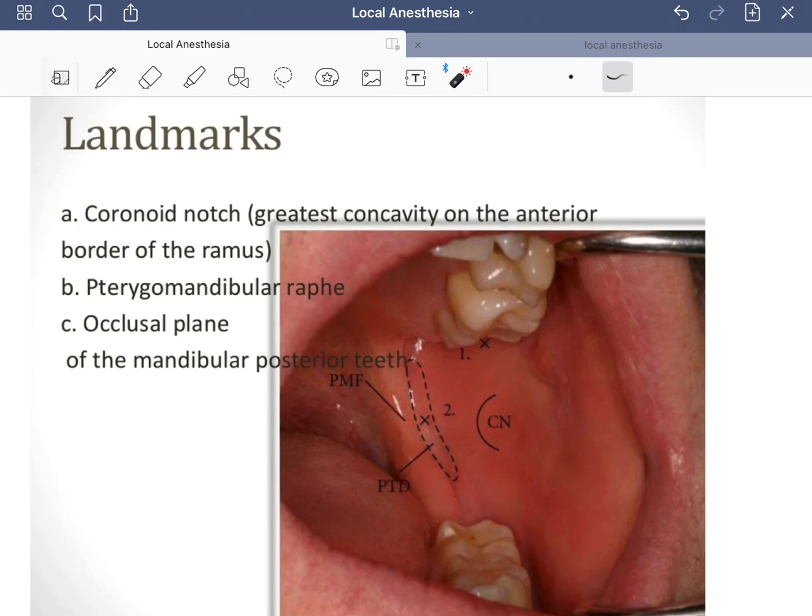And the last one, the occlusal plane of the mandibular posterior teeth. We are gonna discuss how you can benefit from these three landmarks, but now you have to memorize them.